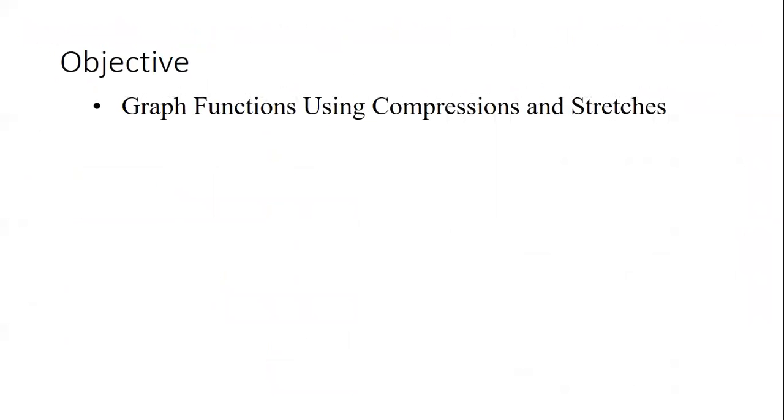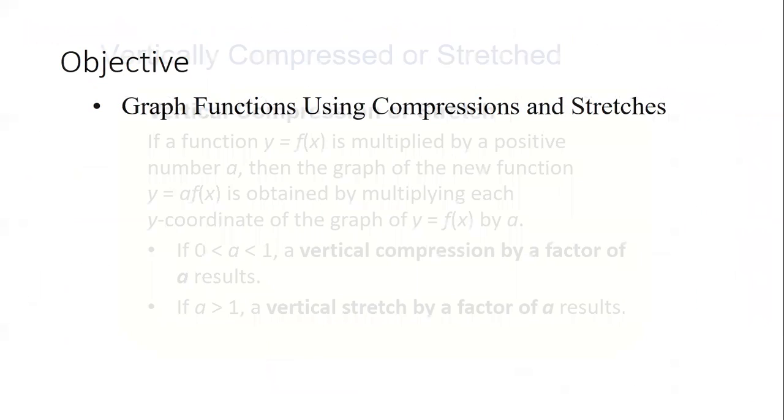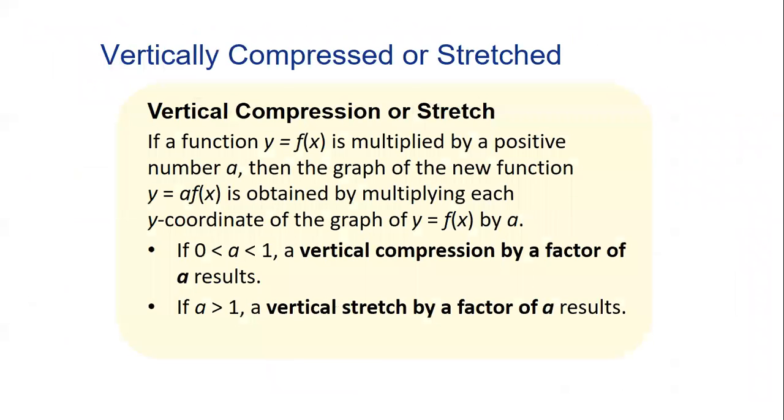All right, now we're going to talk about compressing and stretching, okay? So for compressing and stretching, we focus on our A value. That's our A value in front, our leading coefficient, that tells us what's happening. If A is between 0 and 1, it's a vertical compression.